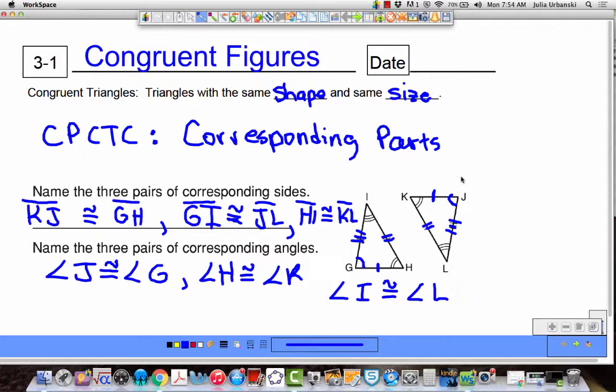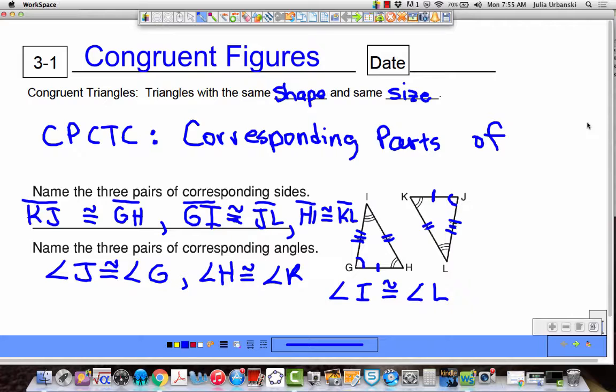Matching parts, corresponding parts of what? What do you have to have in order for this whole thing to work? What's the condition? What do you have to know first? Corresponding parts of what things? What did you say, angles?